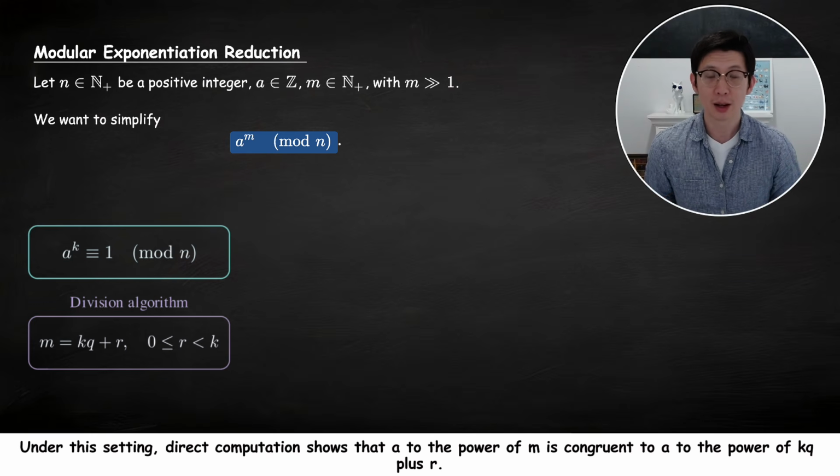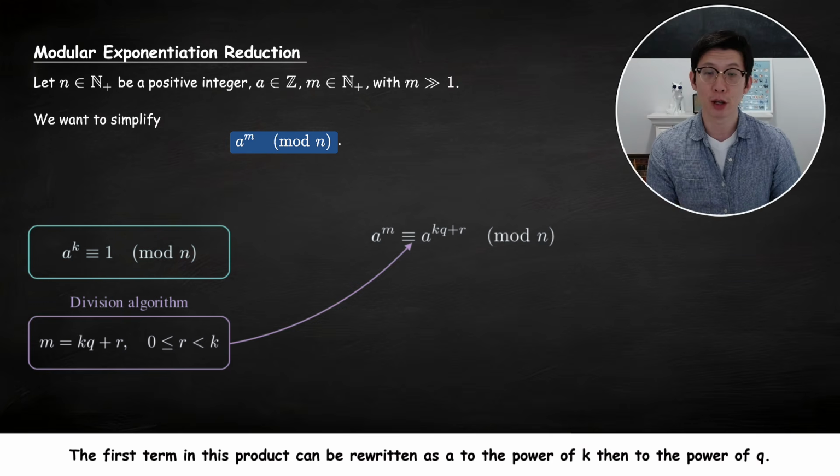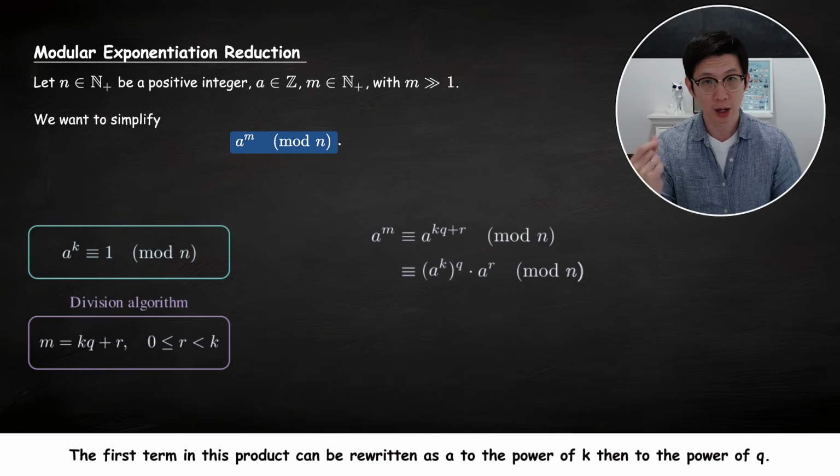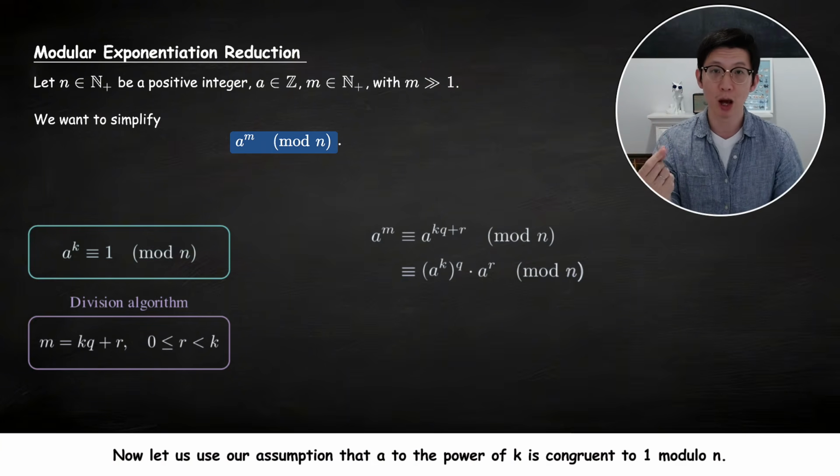Under this setting, direct computation shows that a to the power of m is congruent to a to the power of kq plus r. The first term in this product can be rewritten as a to the power of k, then to the power of q. Now let us use our assumption that a to the power of k is congruent to 1 modulo n.